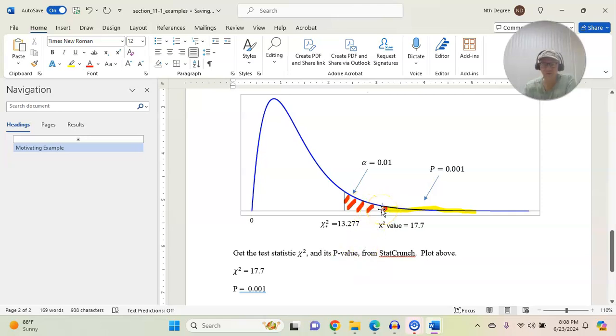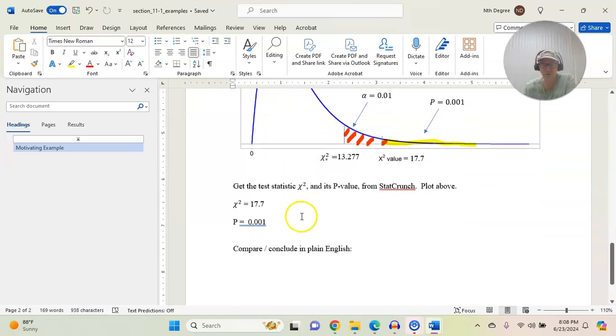Large enough, far enough away from the middle, atypical enough to conclude that the null hypothesis probably isn't true. We've rejected the null hypothesis and accepted the alternate instead.